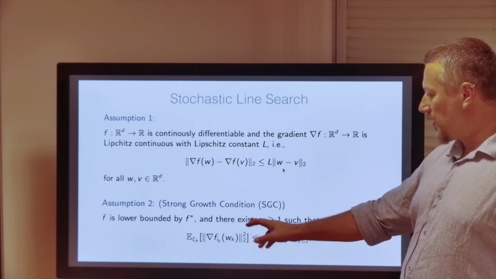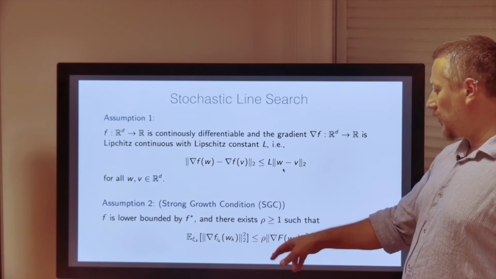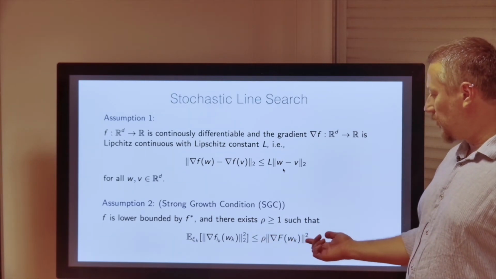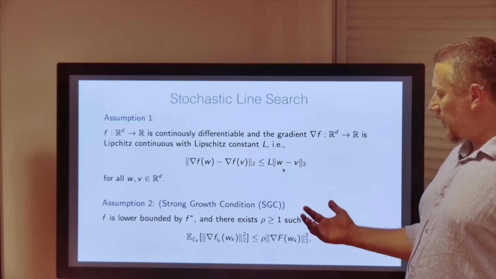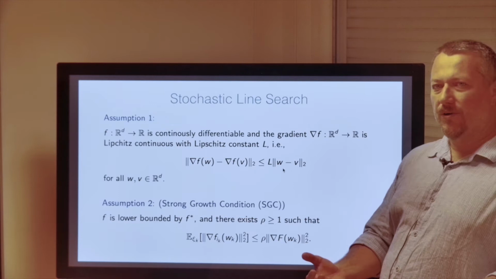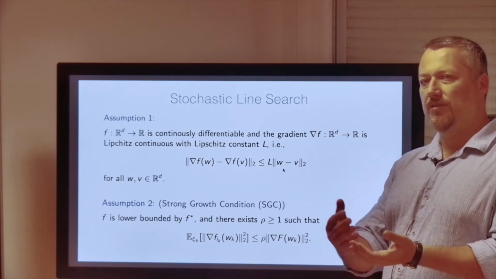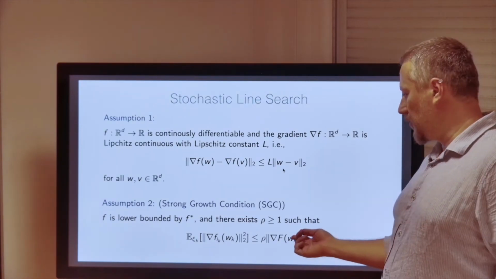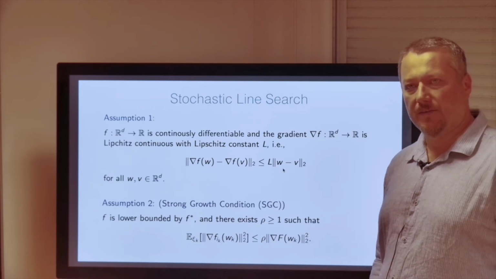Now we are just assuming that this is smaller than or equal to some rho times this square norm. So this is a stronger condition. We are assuming either there is no noise in the gradients, or the noise is proportional to the full gradient's norm.